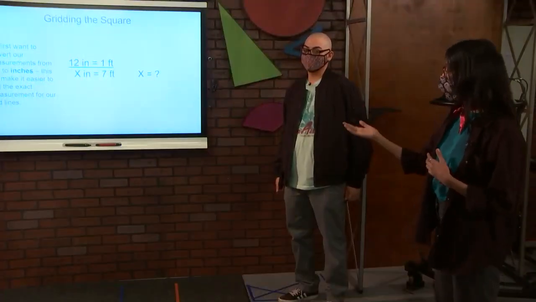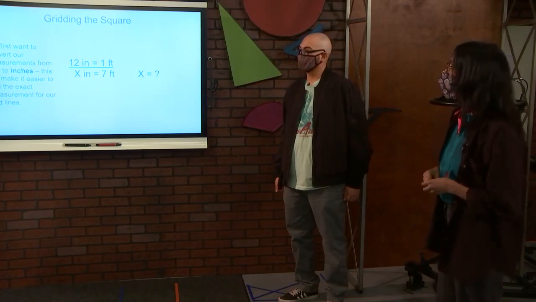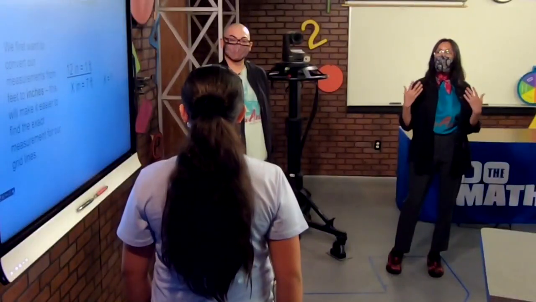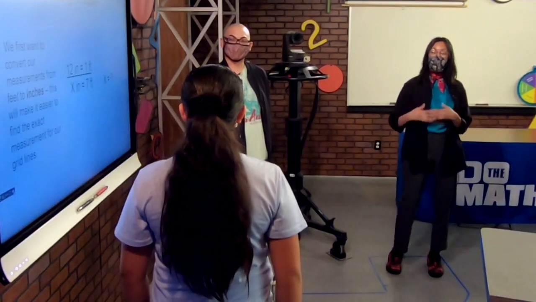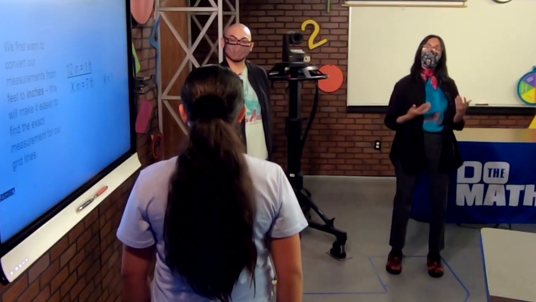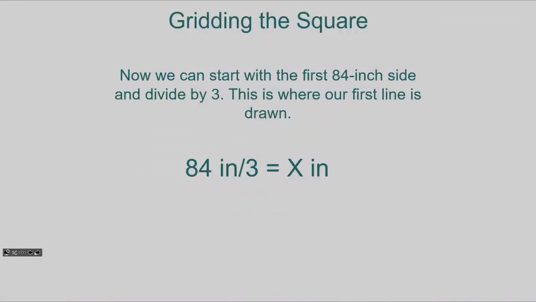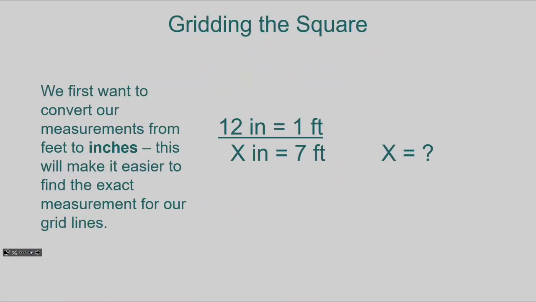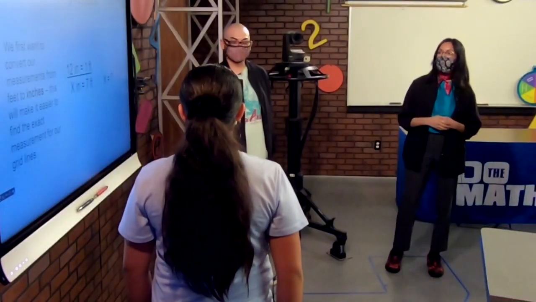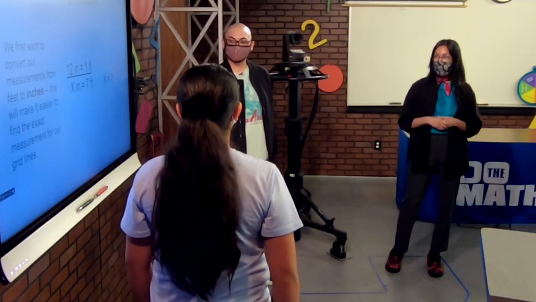We have this proportion set up for our student, so we can solve for x, and we'll know the total inches we'll be dealing with for each side of the square. Can we go to the previous slide, please? If you want to go ahead and solve for x here, you can use our formula written, or you can write it down yourself, and we can use that proportion to solve for x.